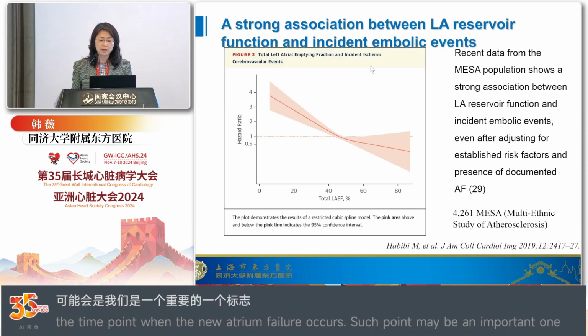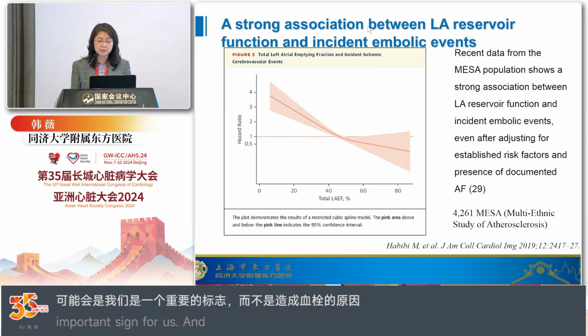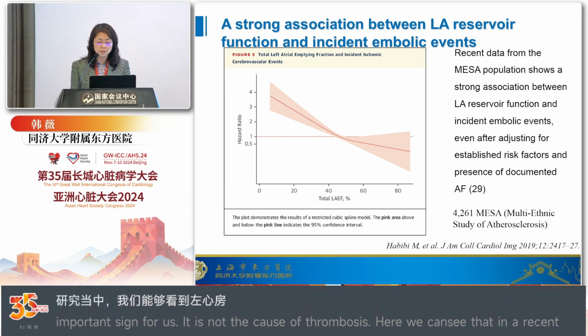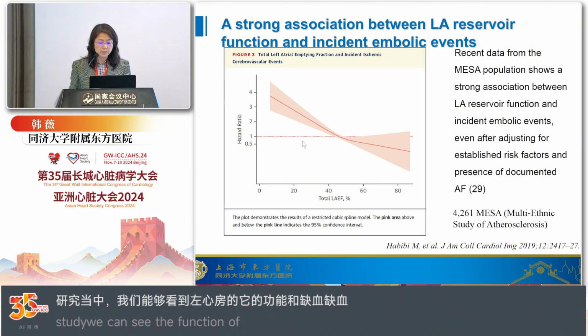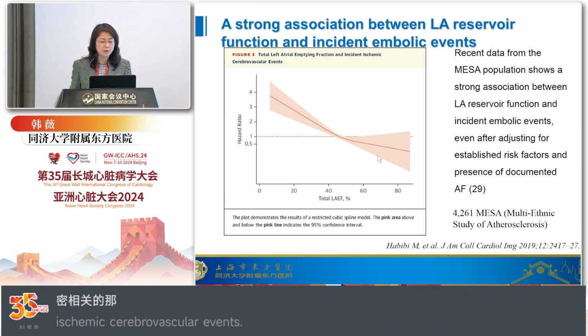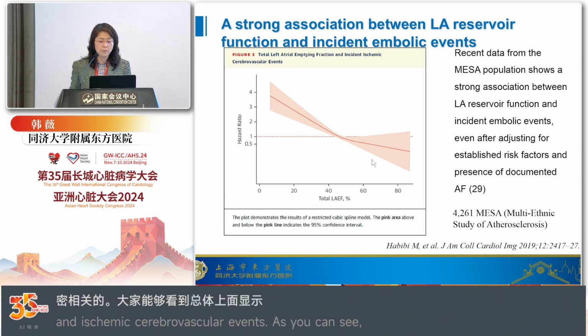Here we can see data from the MESA population showing a strong association between atrial reservoir function and ischemic events. With the increase of the LAEF, there is a decrease in ischemic cerebrovascular events.